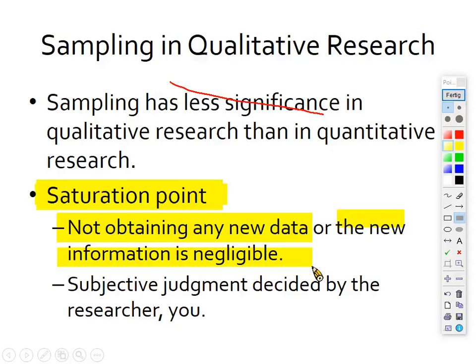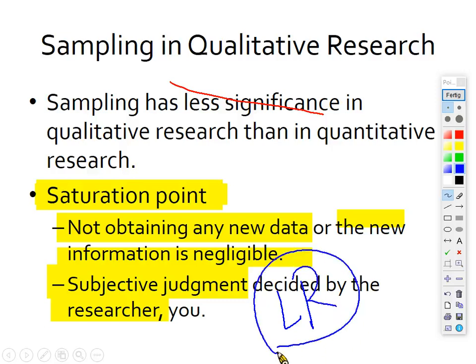For example, 9,000 students, right? So what would be the saturation point that you determine to have? Well, it depends on you. It's a subjective judgment decided by the researcher only. However, your decision has to be based on the literature review.